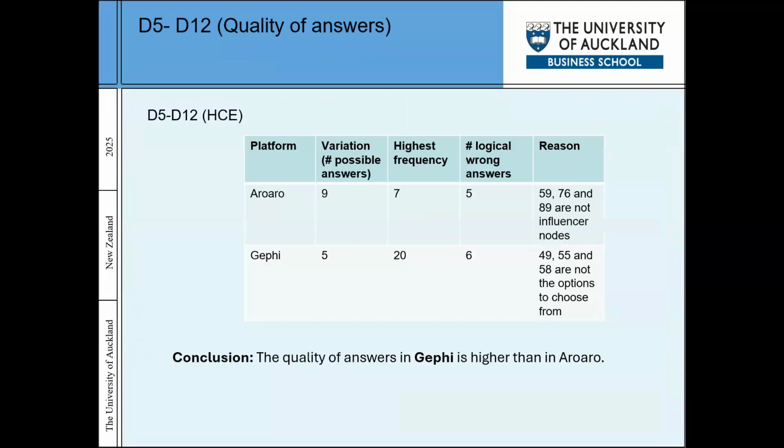We also ask questions regarding the experience, what they felt or how they lived through the experiment. We have not analyzed that yet.